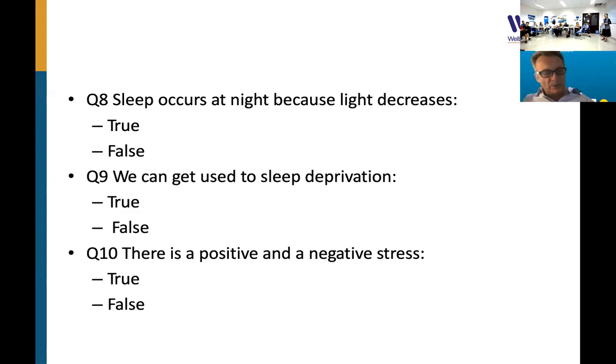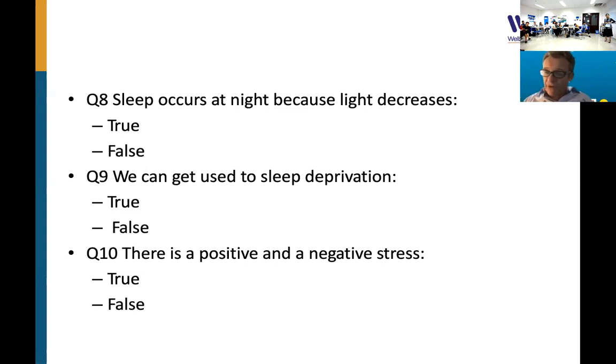We may have the feeling to get used to sleep deprivation. We can also develop sometimes some strategies to cope with it. But in any case, we can get used to reducing the number of hours of sleep we need every night.